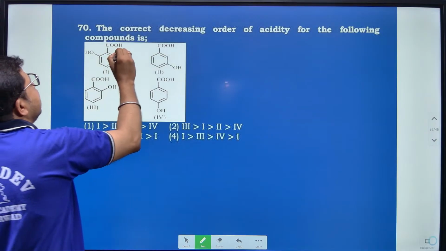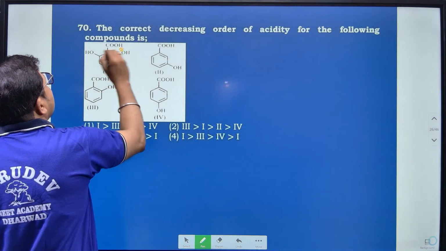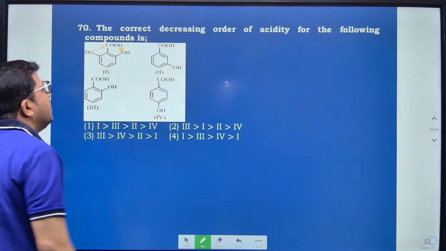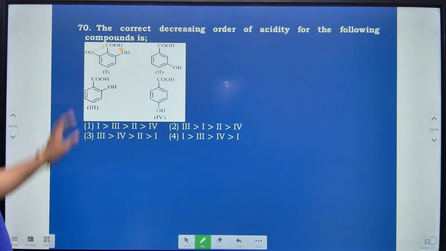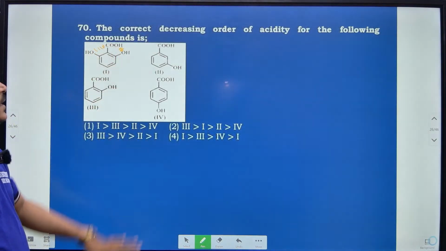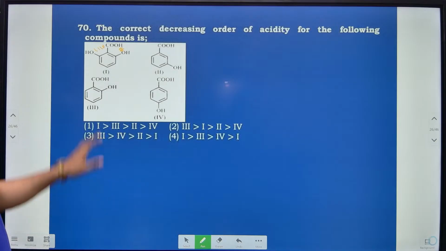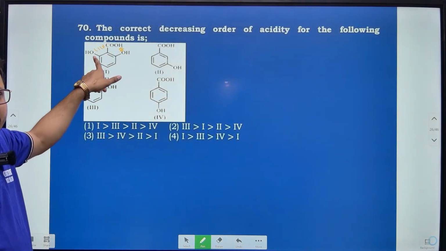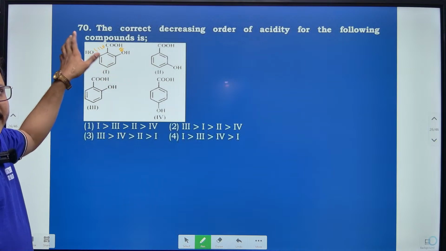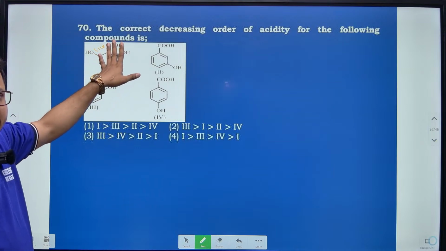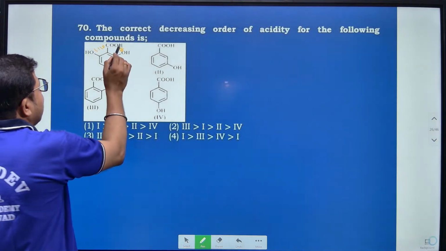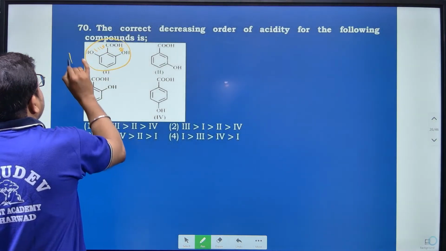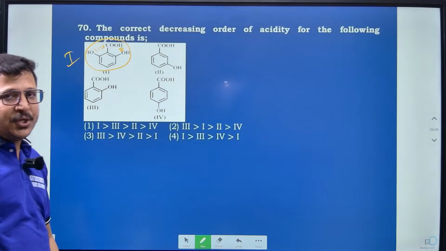It is more acidic due to the hydrogen bonding favored by the 2 ortho position oxygens present in the compound. Intramolecular hydrogen bonding takes place at the 2 ortho positions of 2,6-dihydroxybenzoic acid. Because of this intramolecular hydrogen bonding, this one has a more acidic nature.